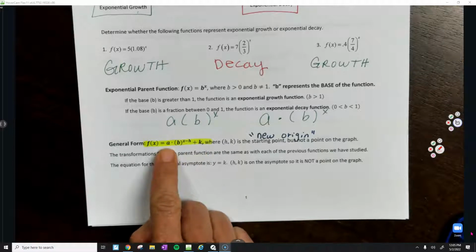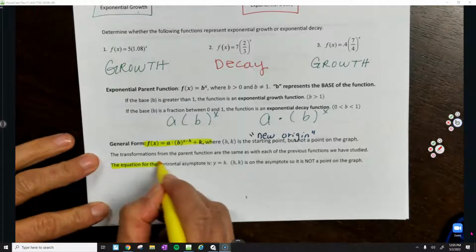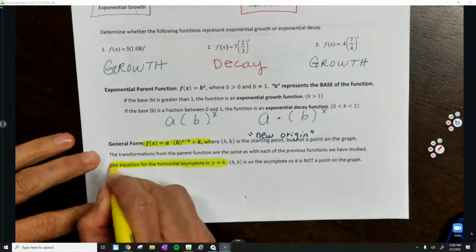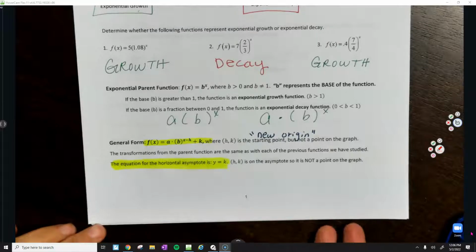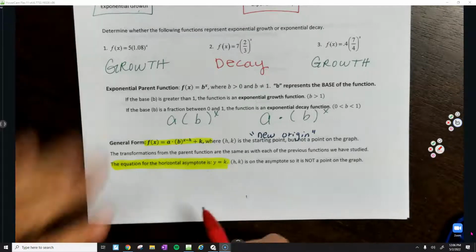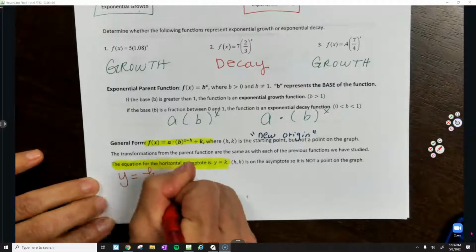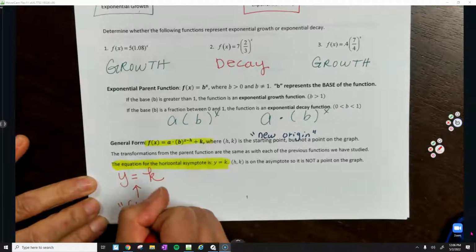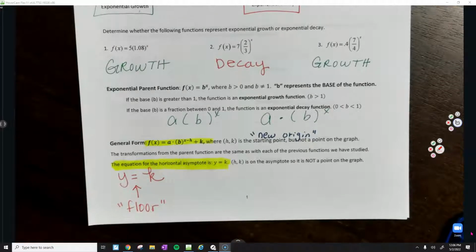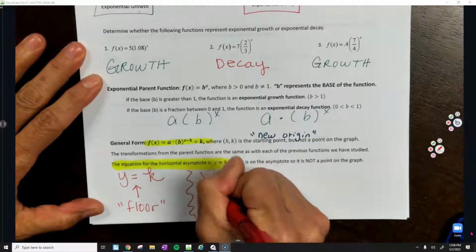If a is negative, it's going to be a vertical reflection. What's different now and what is new is the equation also shows us what the asymptote is. And remember, the asymptote is a boundary where the graph cannot cross it. So for exponential functions, your asymptote of y equals k is going to be considered like a floor where the graph cannot go past it unless it's a vertical reflection.